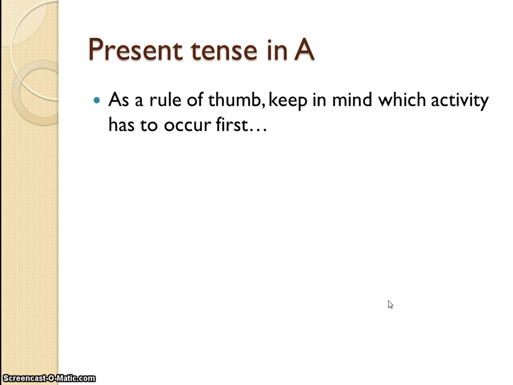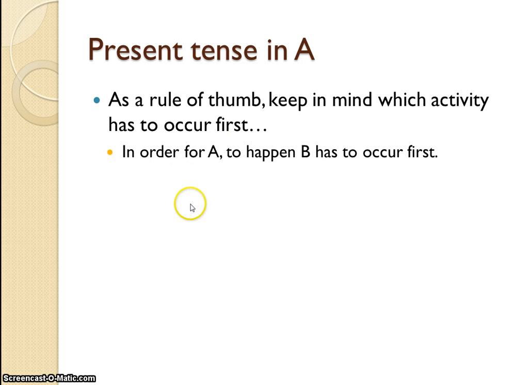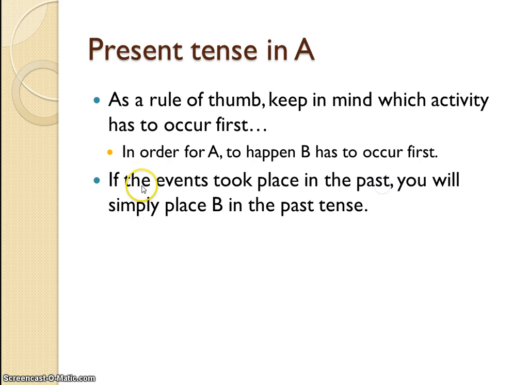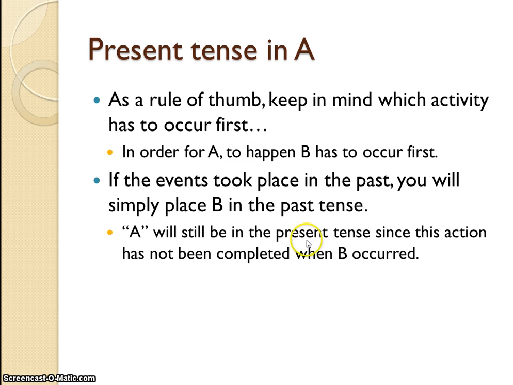Okay, and as a rule of thumb, please keep in mind which activity has occurred first. We already saw that in the example. So in order for A to happen, B has to occur first. If the events took place in the past, even though it's in the past, you would still just change B to past tense, but then A would still stay in present tense. And that's something that's interesting to note.